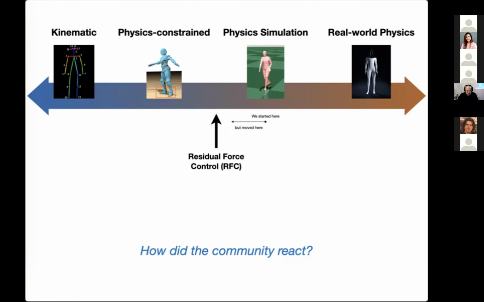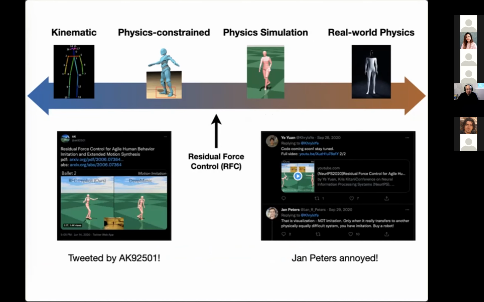On one hand, we got a lot of media attention. People said, oh, this is a cool paper. The ultimate show of visibility is being tweeted by AK29501. That's on one side. On the other side, we have our friends in robotics.